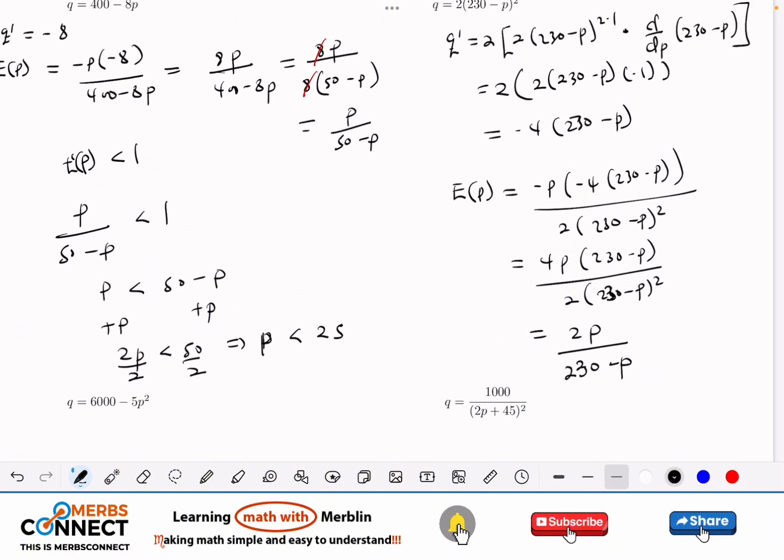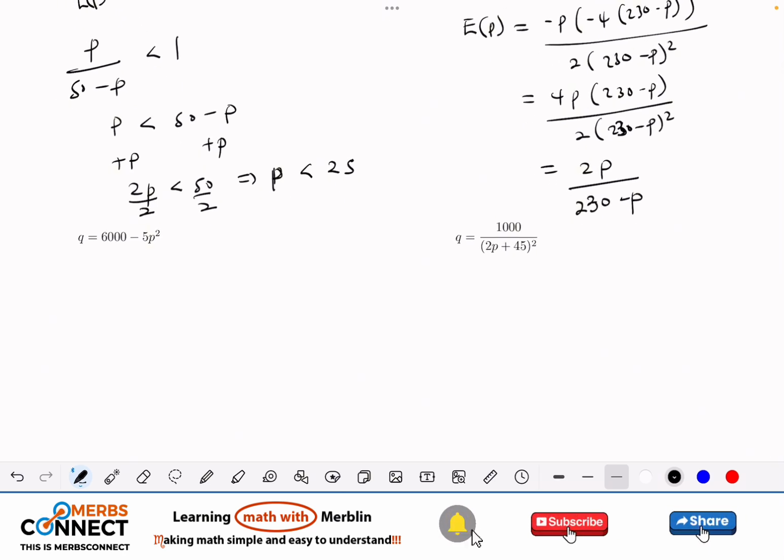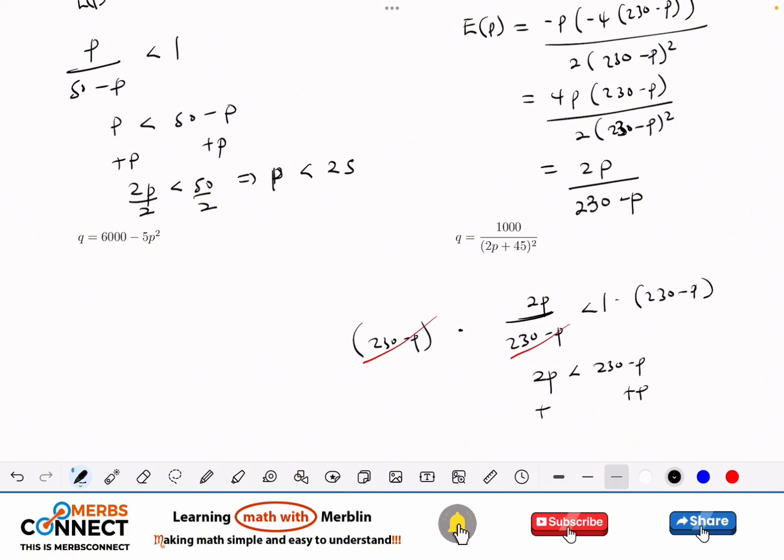Same thing, same idea. So let's go through the process and see how we can get this one to be less than what? 1. So 2P over 230 minus P is less than 1. So I'll multiply this one by 230 minus P and multiply this one by 230 minus P. So this will cancel this, giving us 2P less than, when I multiply the right hand side, 230 minus P, plus P on both sides.